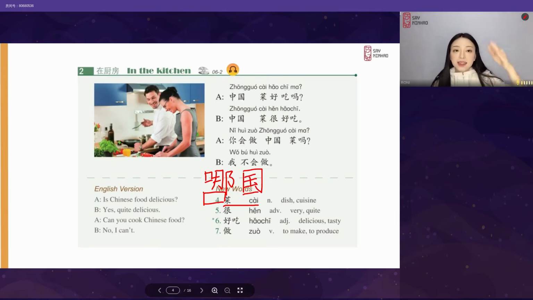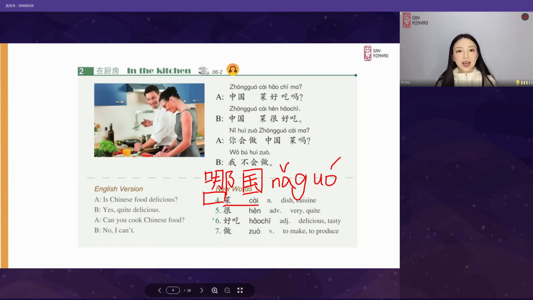Read after me. 哪国菜, 哪国菜. Okay, this is the question about how to ask which country's dish. So how to say which country's dish do you eat?